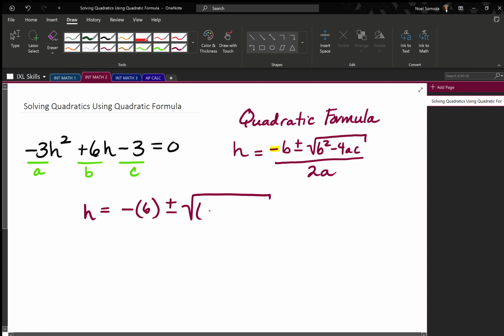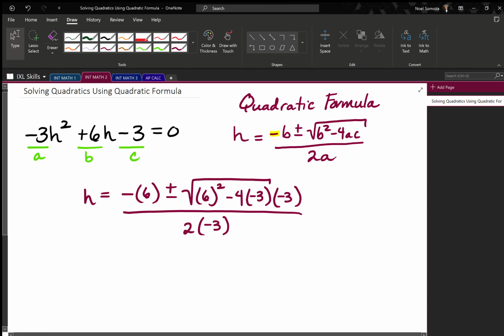We're going to use 6 again. So 6 squared minus 4 times a, which is negative 3. Remember that we use the sign in front of the number. So it's negative 3. And then c is another negative 3. All over 2 times a, which will be negative 3.